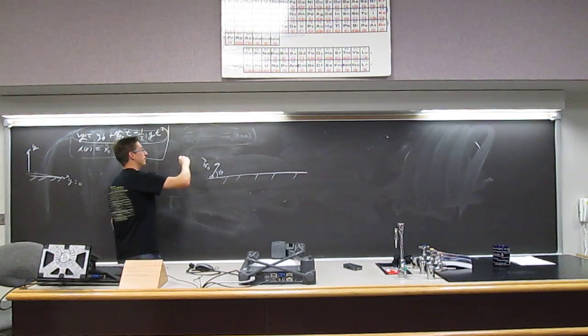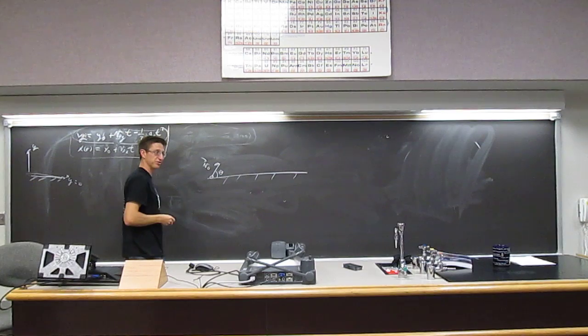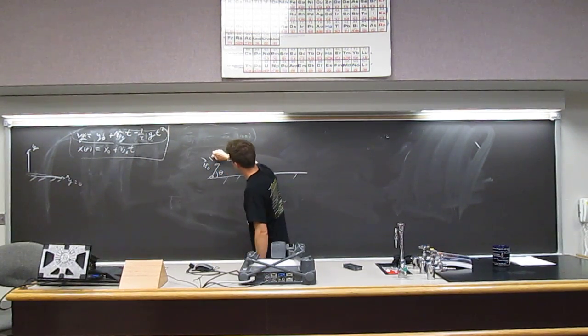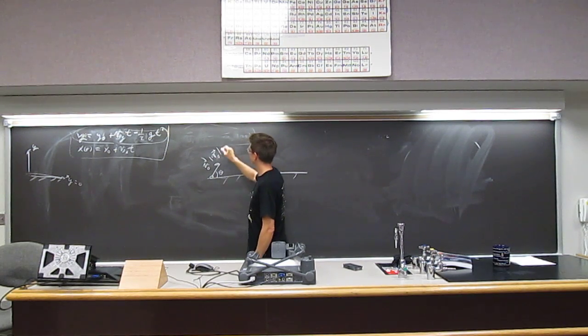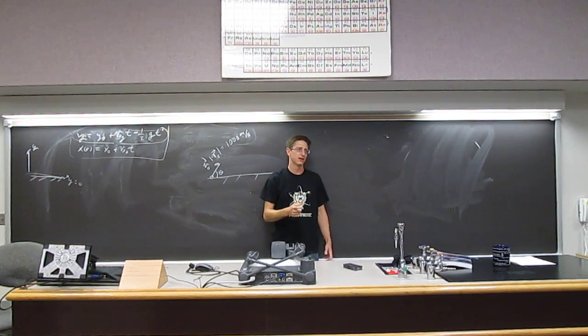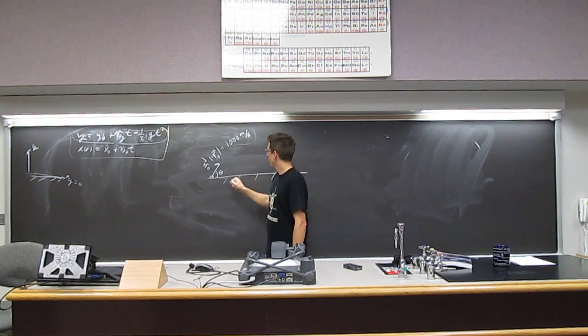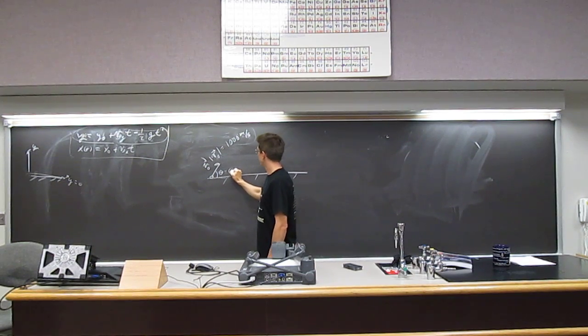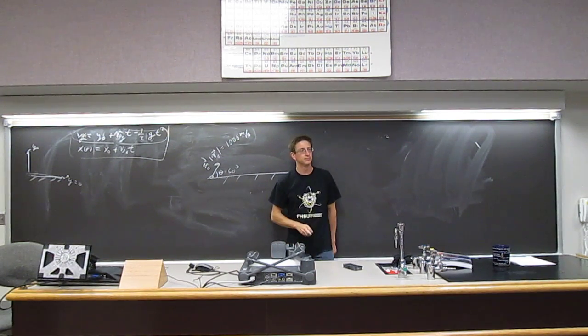So maybe we can give it specific numbers. We could say that the magnitude of this v naught vector, the initial speed, is 1,000 meters per second again. And let's say that this angle is 60 degrees.